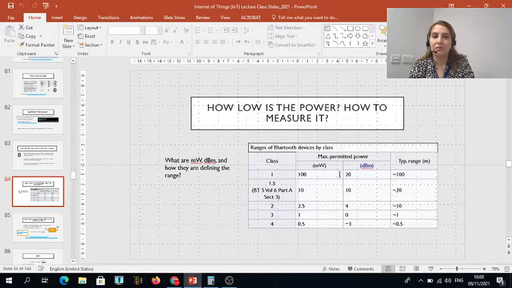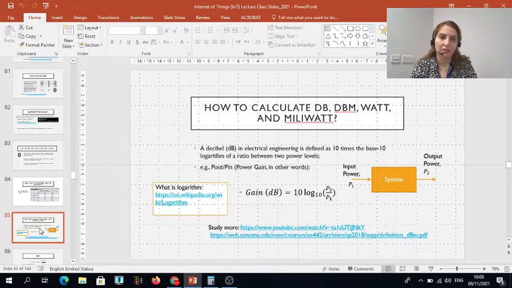So let's move on and look at the logarithmic relationship between milliwatt and dBm. I explained that when we look at any system, in this case an amplification system, we have one input power that we give to the system and an output power that we expect from it.